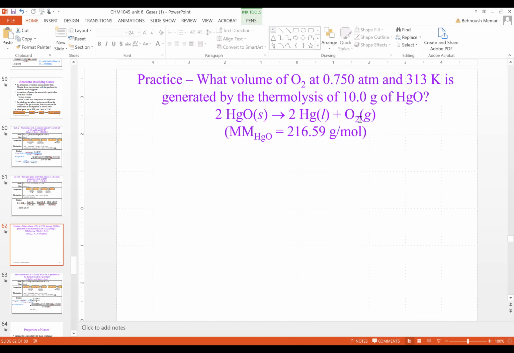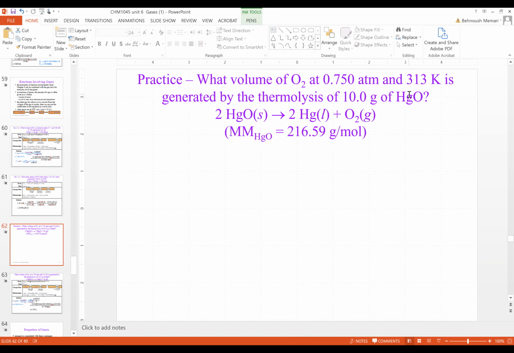What volume of O2 at this pressure and temperature is generated if 10 grams of mercury(II) oxide undergoes thermolysis? That means it's heated up to decompose into mercury and oxygen.